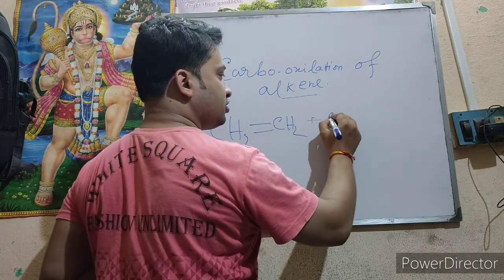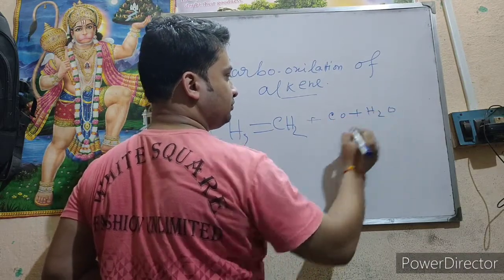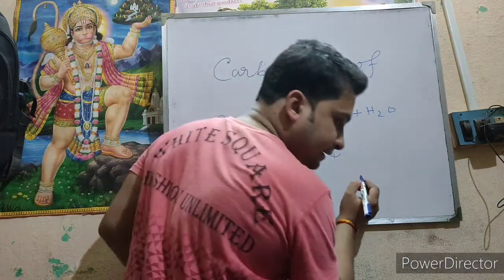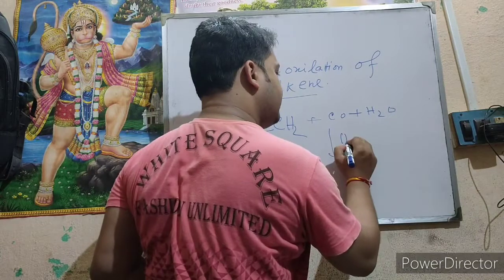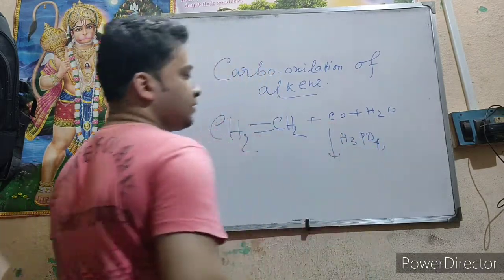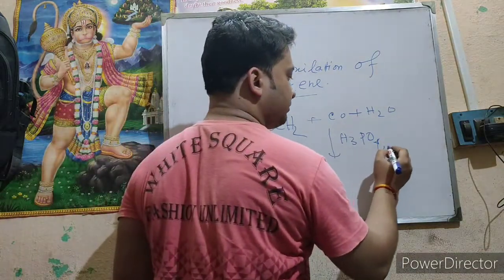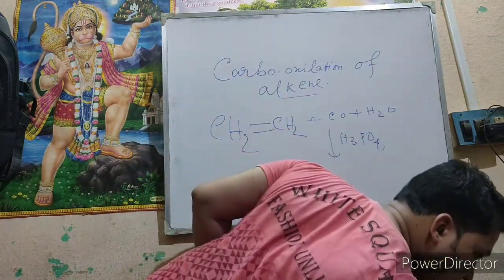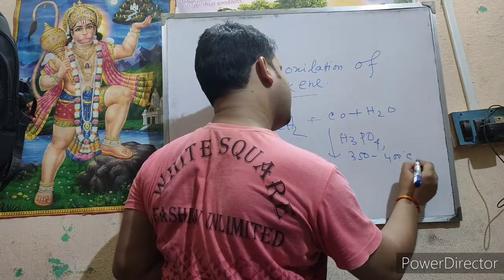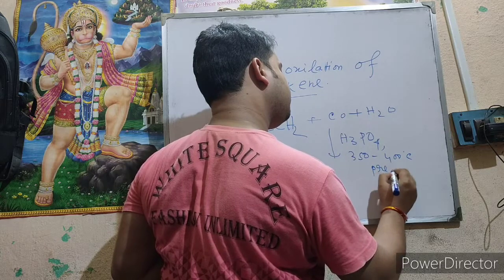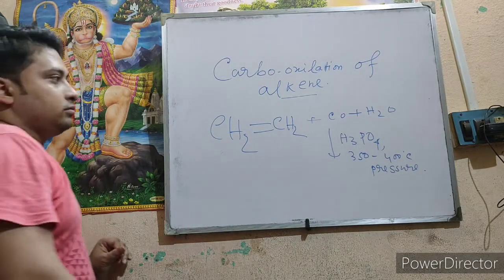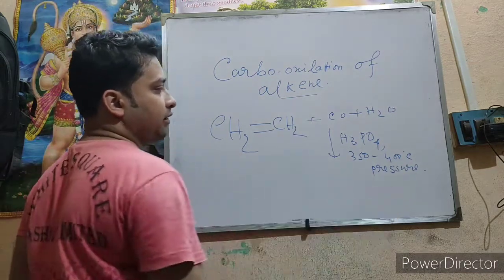You react with CO and H2O with the help of acid, that is H3PO4. You should use temperature and pressure. Temperature will be 300 to 400 centigrade, and you should write pressure, as you don't know the accurate pressure.